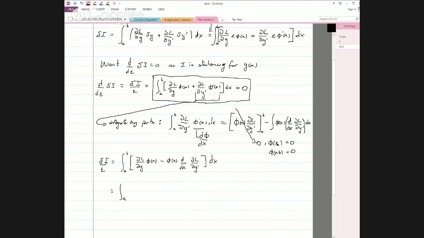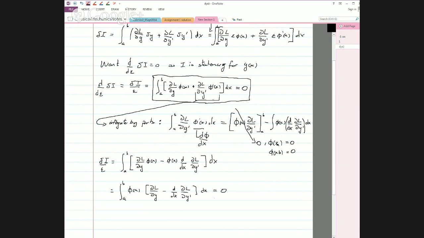Both terms have a phi of x in them, so I'm going to take the phi of x out. So I have phi of x times [∂L/∂y minus d/dx of ∂L/∂y prime], and that's got to equal 0.